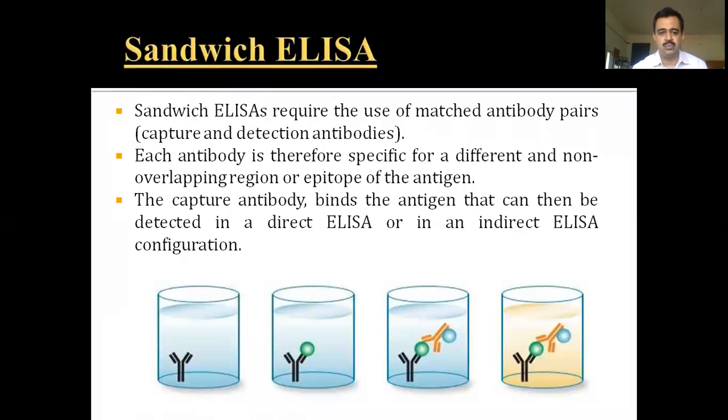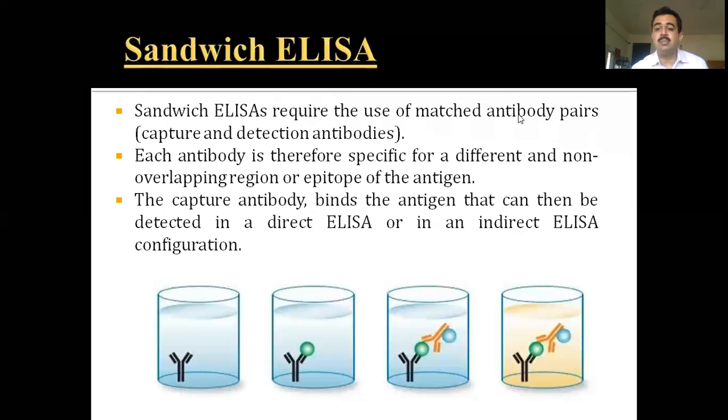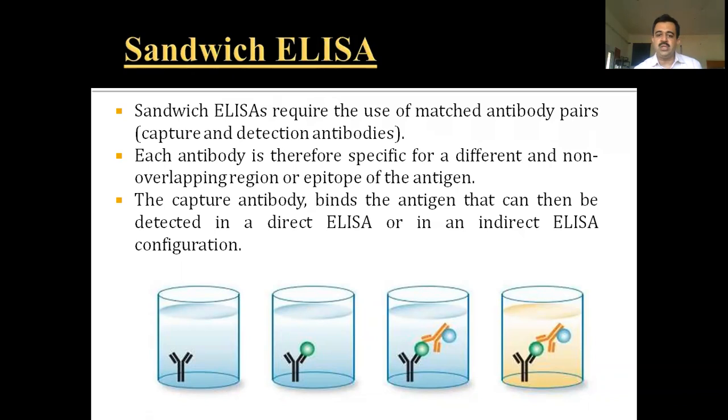Sandwich ELISA. Sandwich ELISA requires the use of matched pairs. So it requires the matched antibody pairs, that is capture and detection antibodies. Each antibody is therefore specific for a different and non-overlapping region of the epitope of the antigen. The capture antibody binds the antigen that can then be detected in direct ELISA or indirect ELISA configuration.